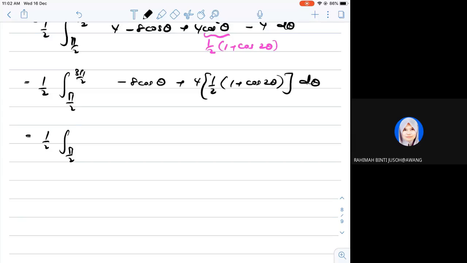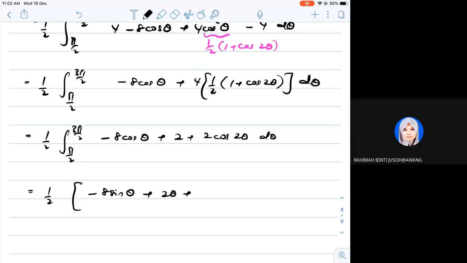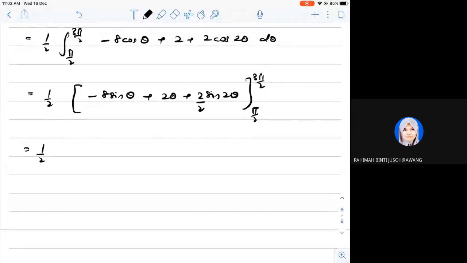So pi over 2. Oh, tak ada dalam limit. Integrate terus. So negative 8 sin theta, 2 cos 2 theta should be sin 2 theta lah, 2 over 2 kan. Okay, so we have 1 over 2.